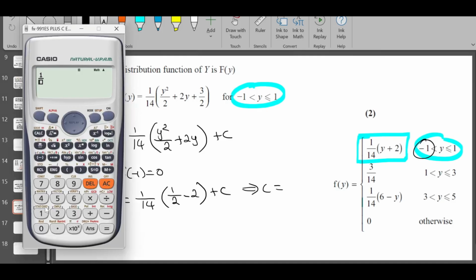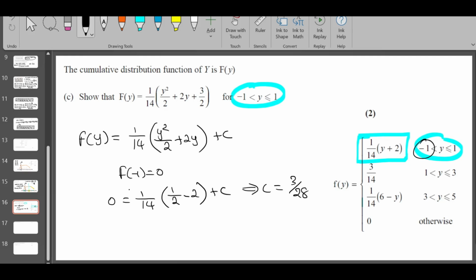That's 1 over 14 times 1 over 2 minus 2. That's minus 3 over 28 goes to the other side, positive 3 over 28. Therefore, f of y is equal to 1 over 14 y square over 2 plus 2y plus 3 over 28.